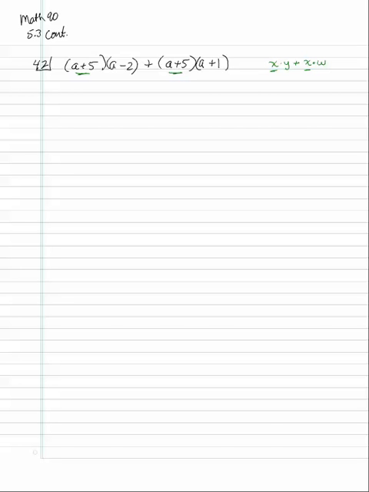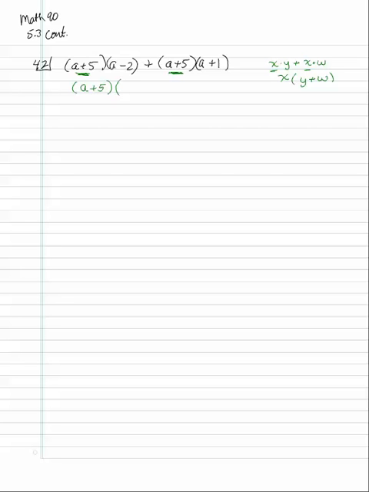So if I had xy plus xw, I would factor out the x. I'm left with the y plus w. So in the problem I'm given here in 42, the a plus 5s are the same. So again, I'm thinking of it as one number, so I write it down. A plus 5, those two a plus 5s become the 1 a plus 5 that I factor out.